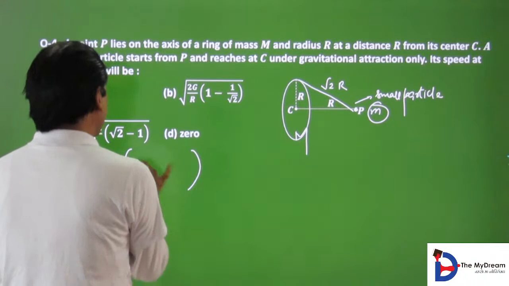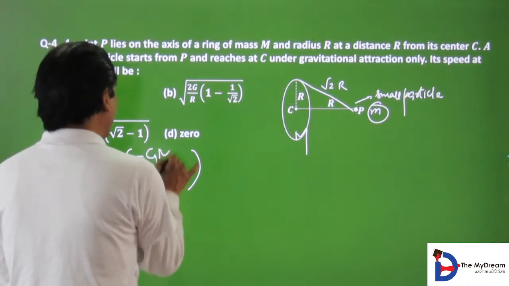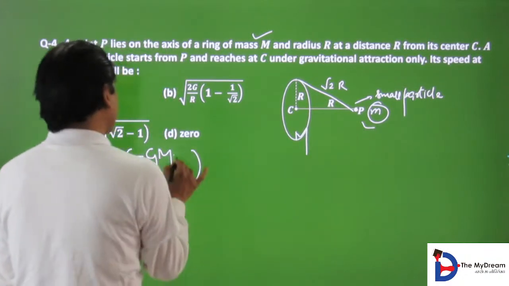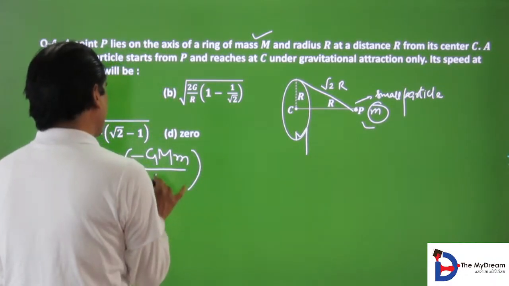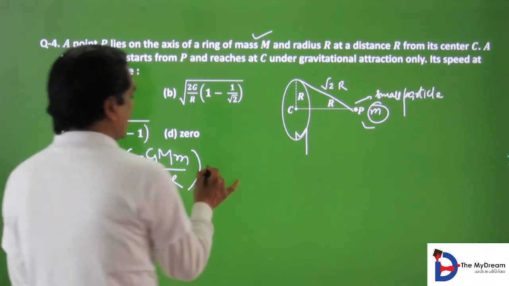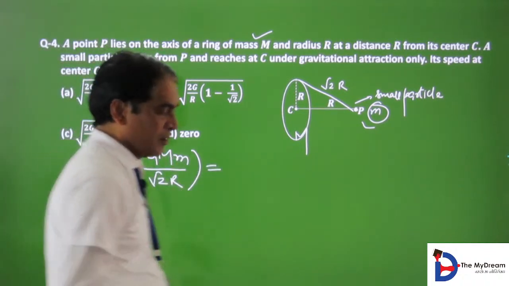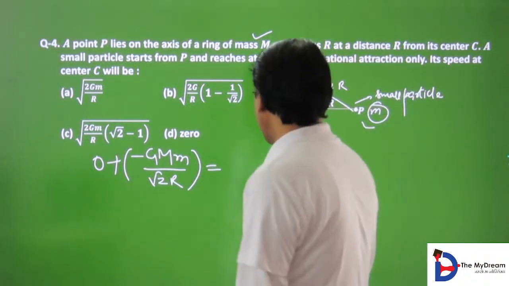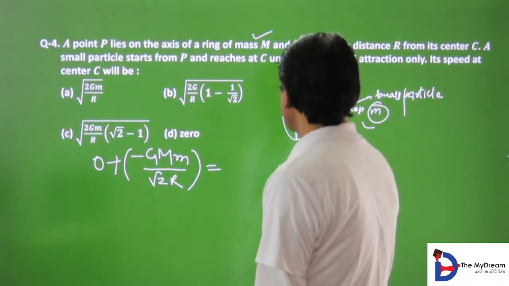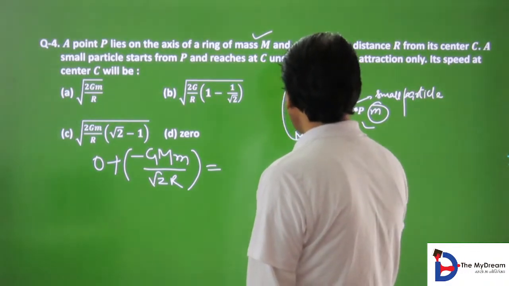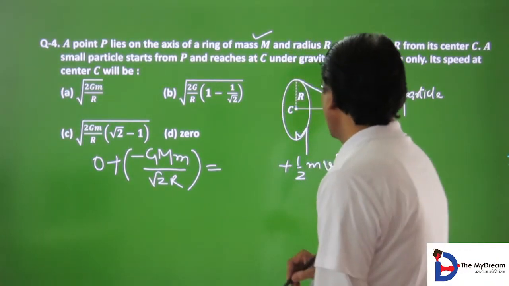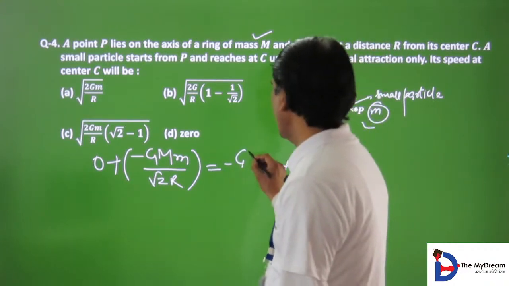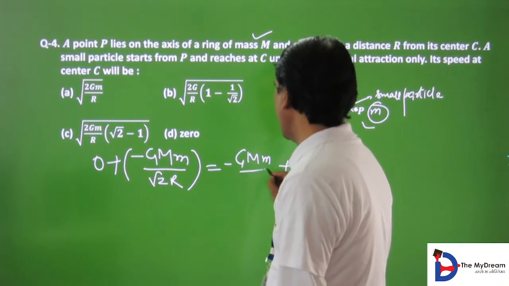And the potential energy will be G capital M small m by root 2r. Now, as it moves toward the center, its kinetic energy will become half mv square, and the potential energy will be G capital M small m by this.